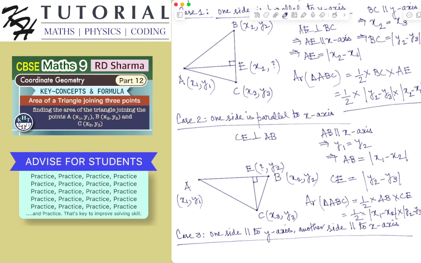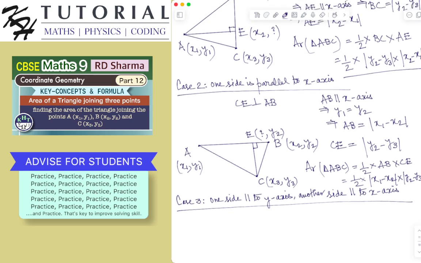So this way we can find the area of the triangle formed if one side is parallel to the x-axis, and how will we know that one side is parallel to the x-axis? We will see that 2 points of the given 3 points have the same ordinate.